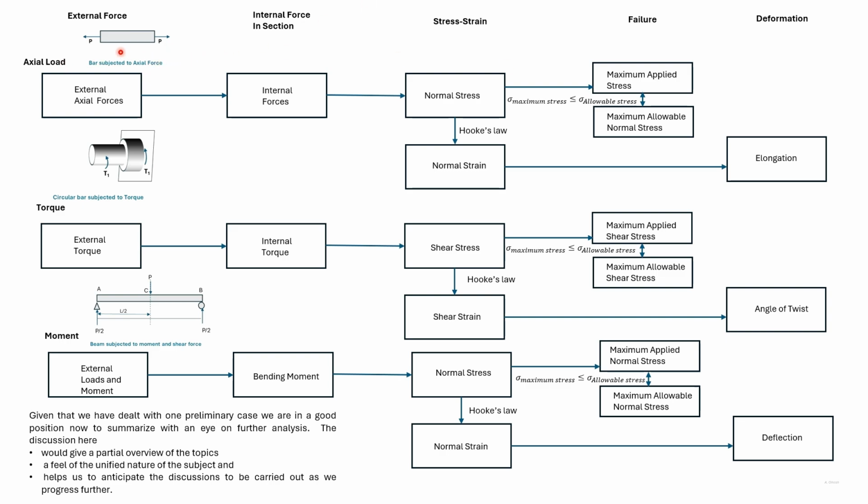If a bar has portions where either P, E, or A vary, then we need to separate these portions to find elongation. So we separate the length into portions with constant P, E, and A, find their elongations, and then sum them up to find the elongation of the whole bar.